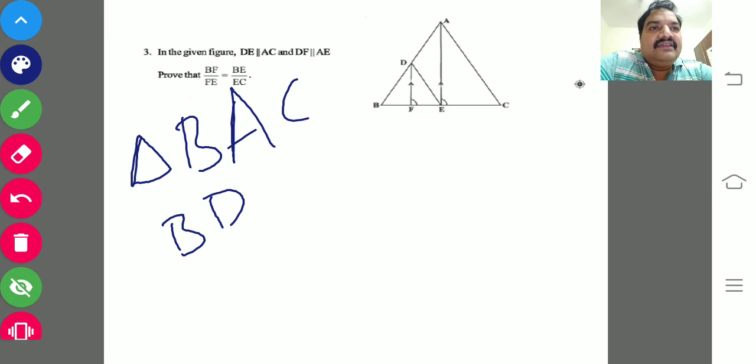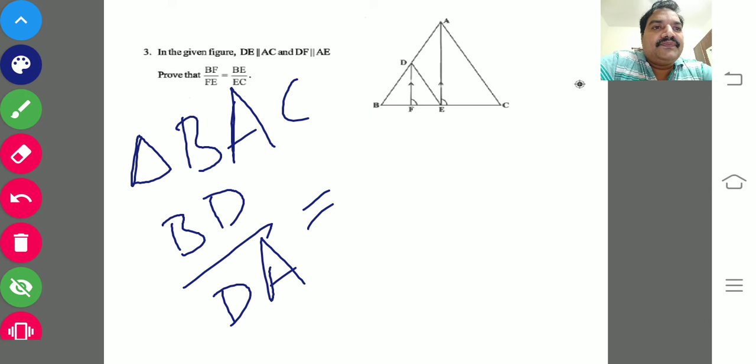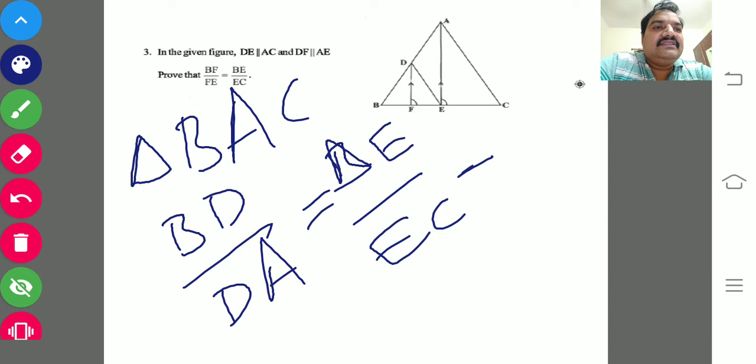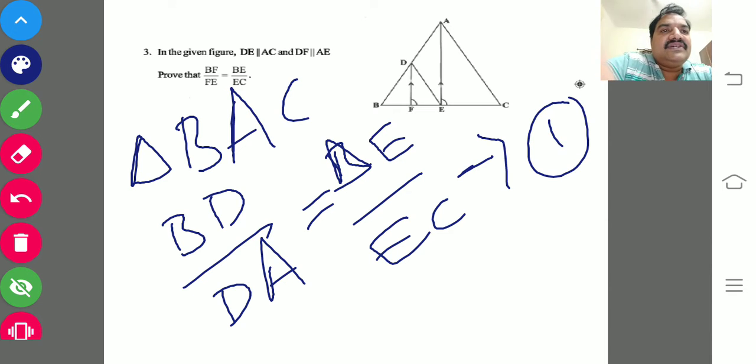BD by DA equals BE by EC. This is equation 1. The first one is BD by DA equals BE by EC. That is the first equation, because the first parallel line gives us the basic proportionality theorem. I have written this first equation.